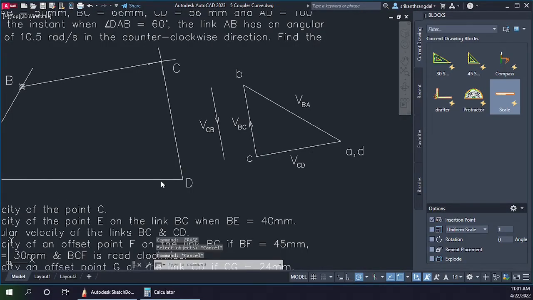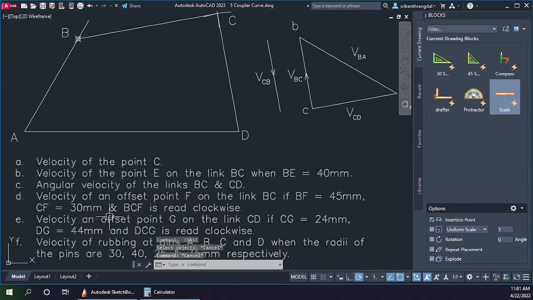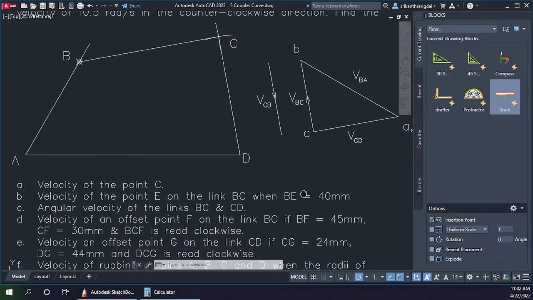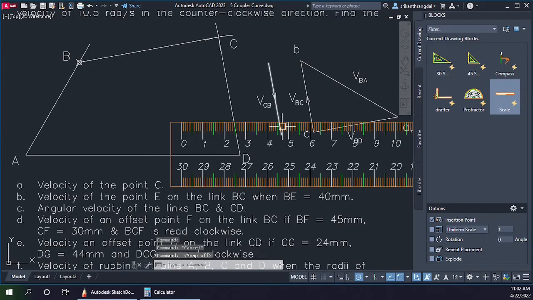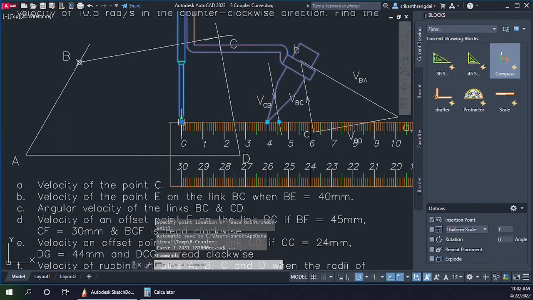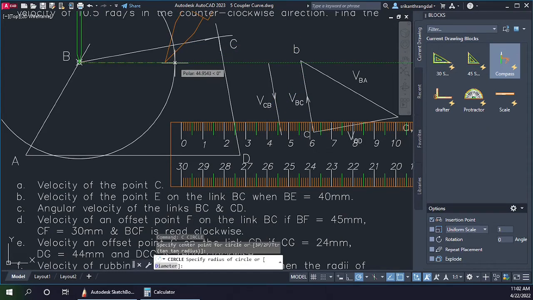So the second bit is we have to find the velocity of point E, which is located on link BC such that BE length is 40 mm. So I'll have to again take my length over here. I'll take a compass, and with the compass take that length, 40 mm, and draw an arc.